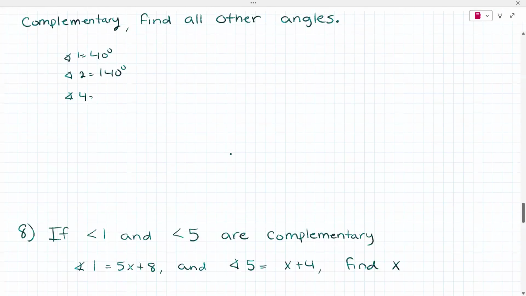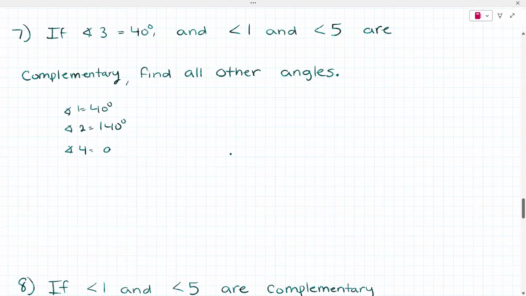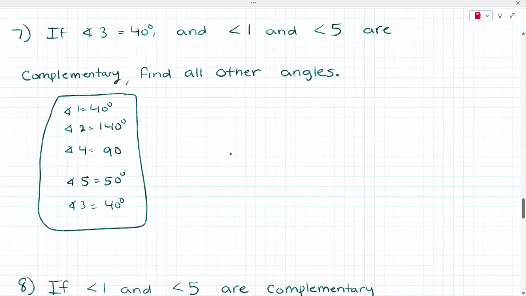Angle 5 is 50. And angle 3 is congruent to angle 1, so angle 3 is 40 degrees as well. Okay, those are all your angles.